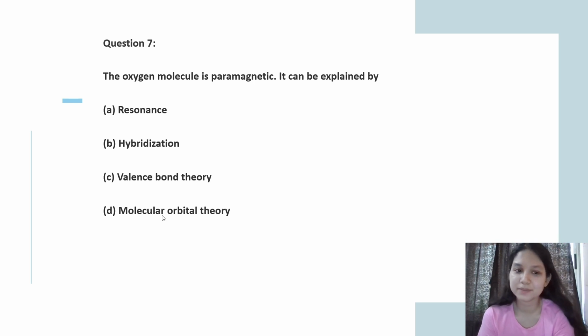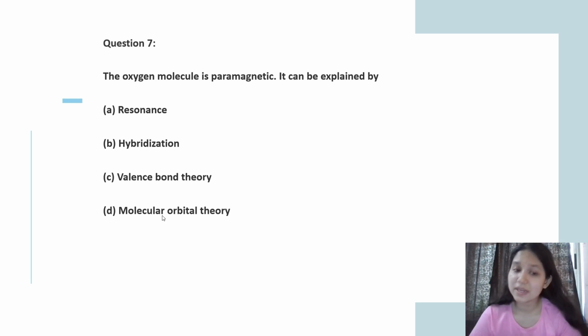Okay, very nice. See, resonance will give us the number of resonating structures in a molecule, which will account for its stability. Similarly, hybridization theory will give us the shape and geometry of molecules. So out of these four options, molecular orbital theory will tell us the paramagnetism and diamagnetism of molecules.